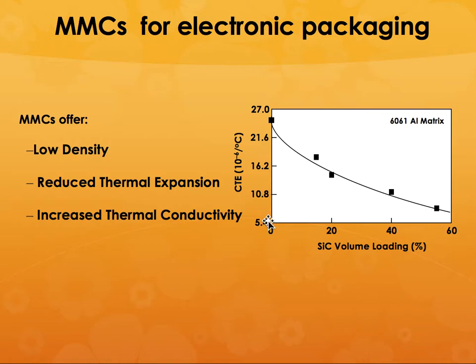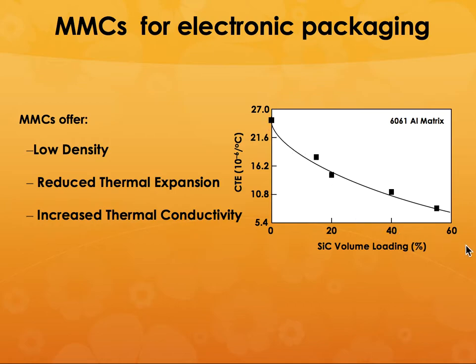So you can see that by increasing the silicon carbide volume loading, you can actually decrease the CTE to almost close to that of silicon itself. You can see that aluminum has almost 27 inch per inch in thermal expansion.